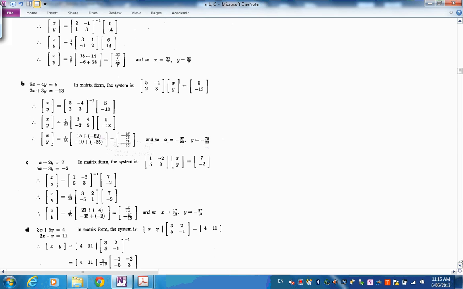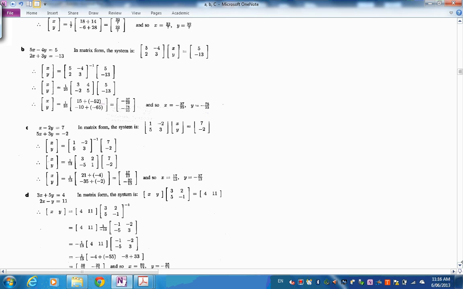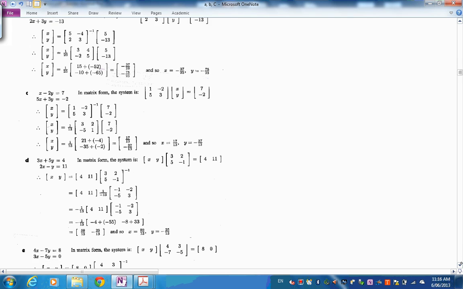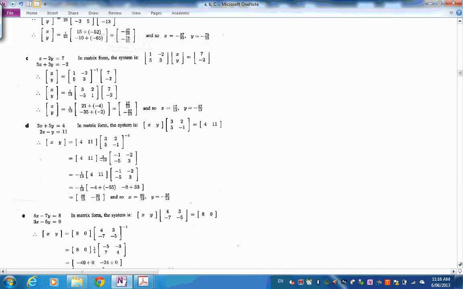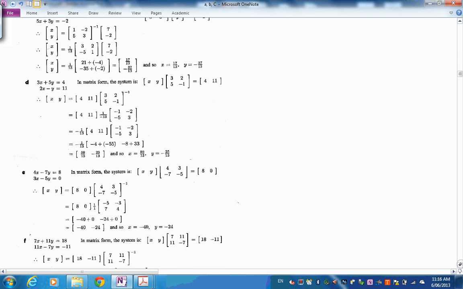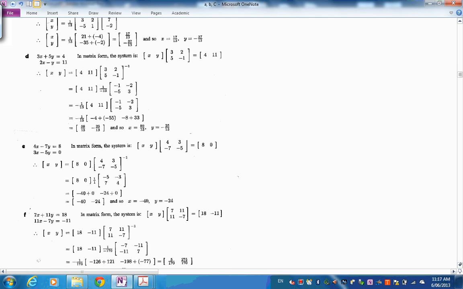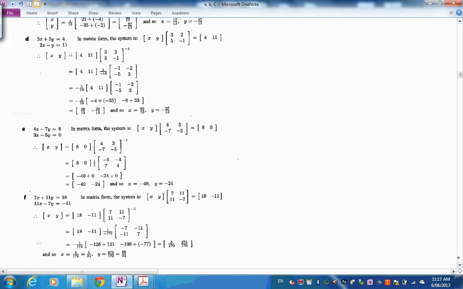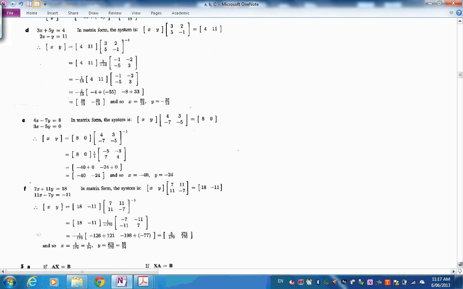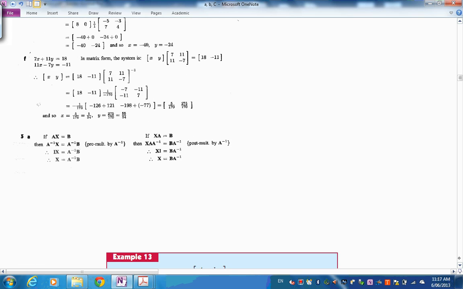Let's come down and have a look at D. We'll bring up D and E perhaps there. So we've got D and F. Just checking those out. Coming down, there's question 5. Okay, so mark your work and let's keep building on our relationships between matrices and our matrix algebra.